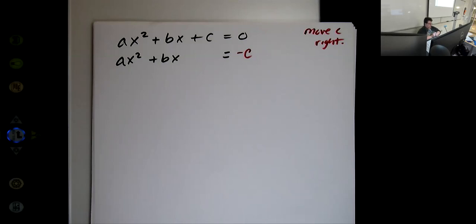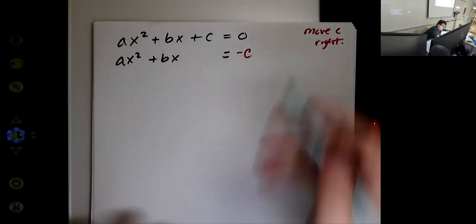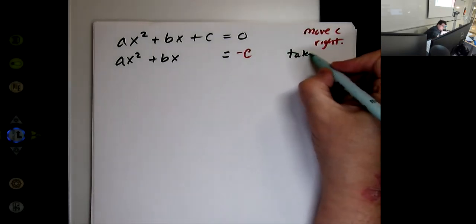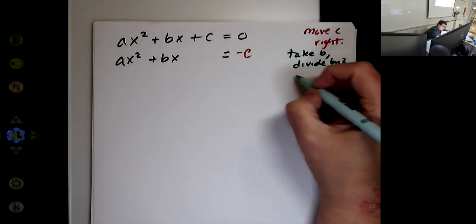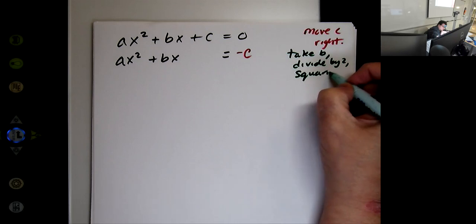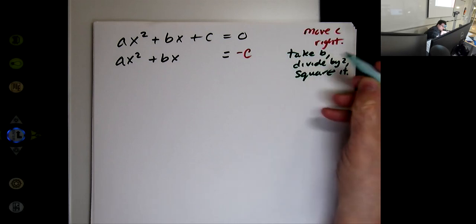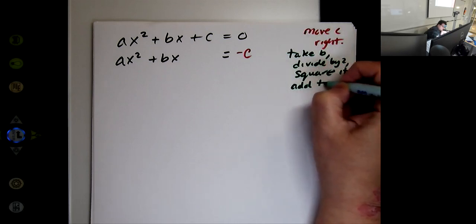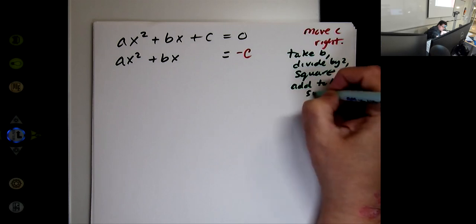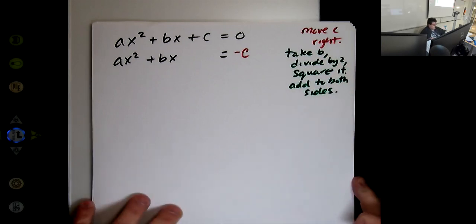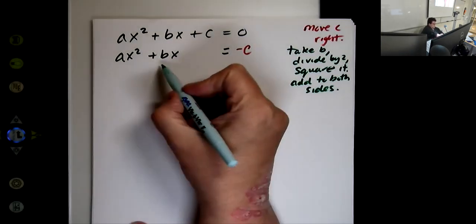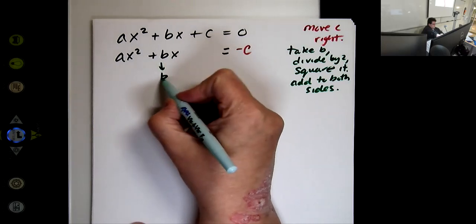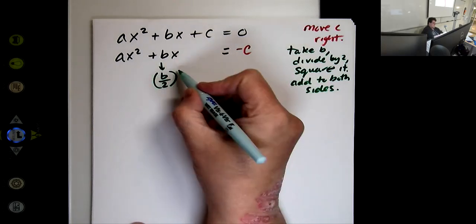And why it's called completing the square is what we do is take the b, divide by 2, and square it. Add to both sides. So if I take b and I divide by 2 and I square it, I get that.